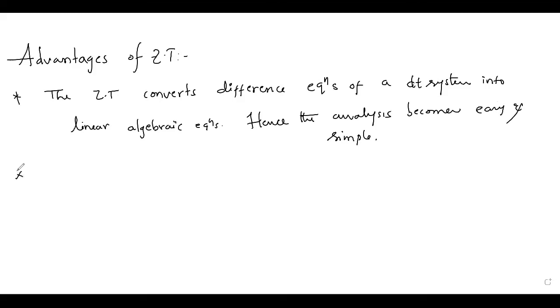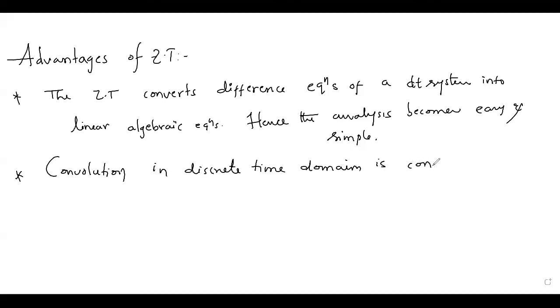Next, one more point, like in case of Laplace transform and Fourier transform, here also Z transform has properties. Convolution in discrete domain, convolution in discrete time domain is converted into, can anybody guess?